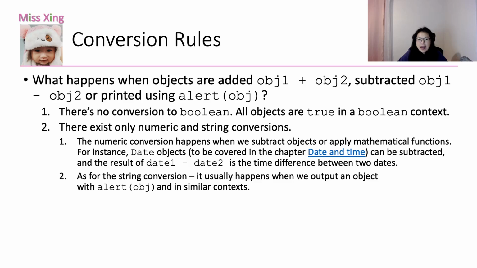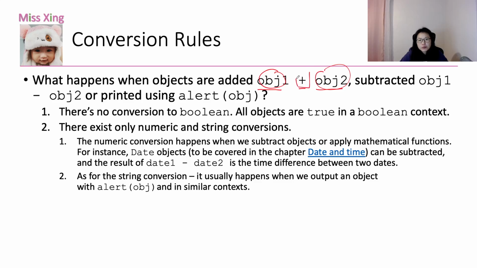Sometimes we may have this kind of code, where we have one object, obj1. We use obj1 plus obj2, and obj1 and obj2 are objects.